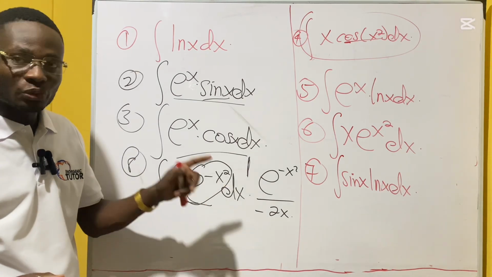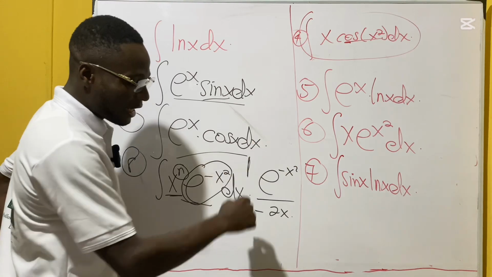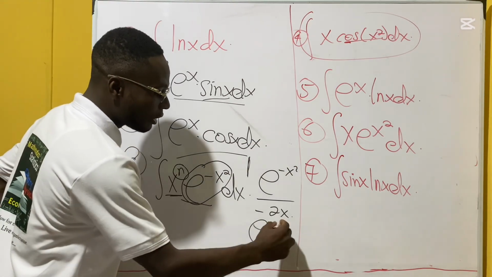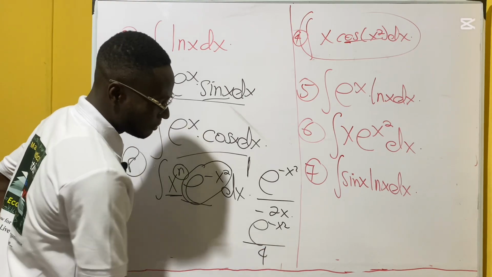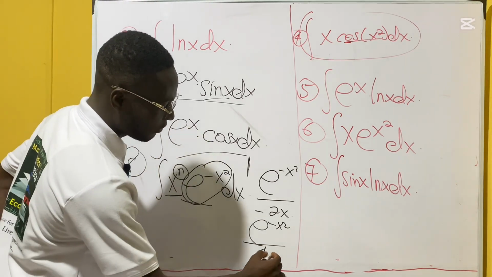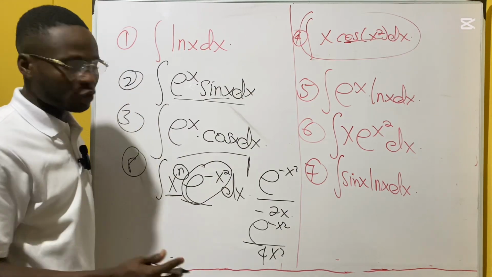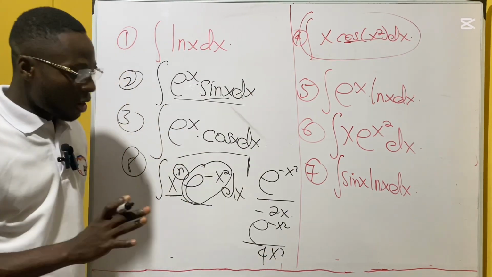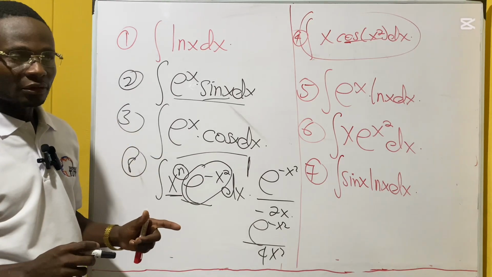That is what we call non-elementary. And then when you go again, you're going to have e power negative x squared over 4x squared, right? It keeps on going. So you cannot get away with the variable in the function.